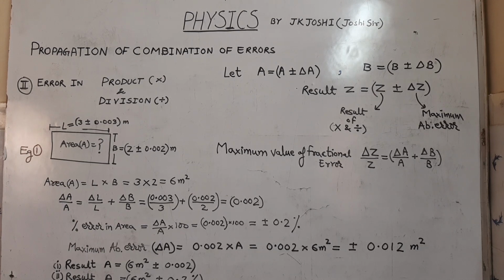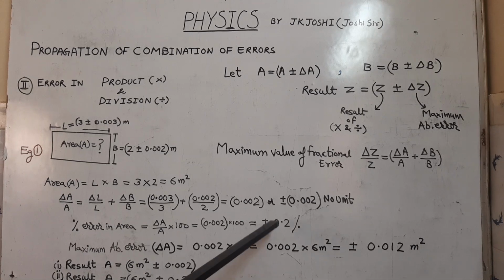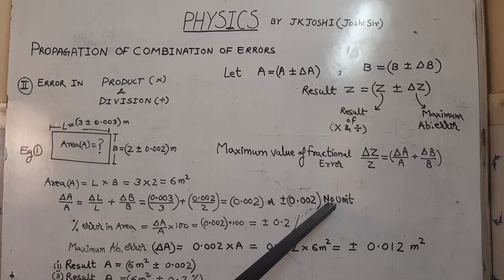So the fractional error in length is delta L upon L and the fractional error in breadth is delta B upon B. By putting their values, we get 0.002, or we can write plus minus 0.002 with no unit.